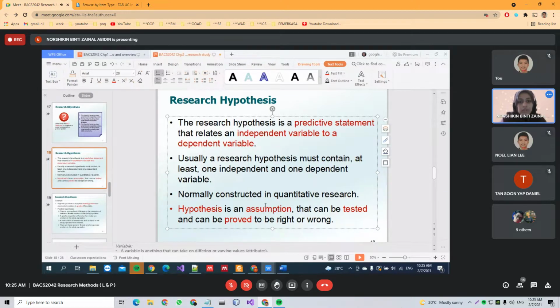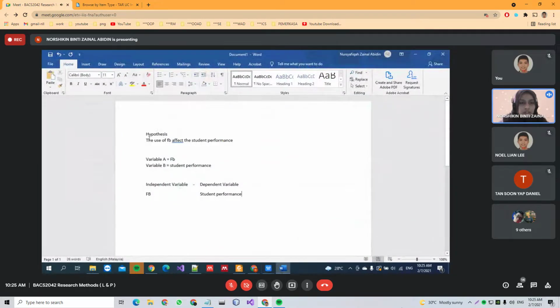So based on this slide here, for your hypothesis, at least you need to have one independent and one dependent variable. This is important. So for example here, the use of FB affect the student performance. So let's say we set the variable A as FB because they want to see what is the relationship between Facebook and student performance. So variable A is FB, and variable B is student performance. So the independent variable and dependent variable.